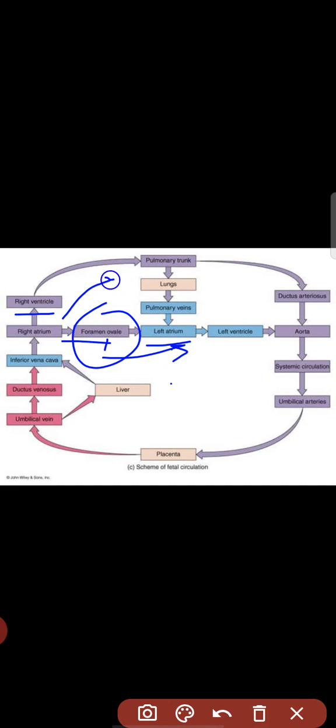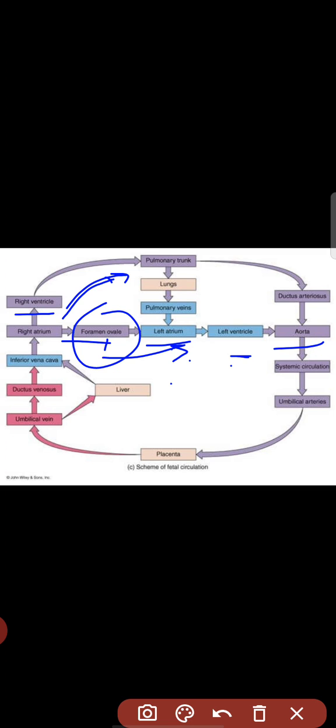That blood goes into the pulmonary trunk, then the lungs, but the lungs are not fully mature, so only some of the blood goes there, to the lungs and pulmonary vein, and finally reaches the left atrium. The left atrium blood goes into the left ventricle, and the left ventricle blood goes into the aorta.